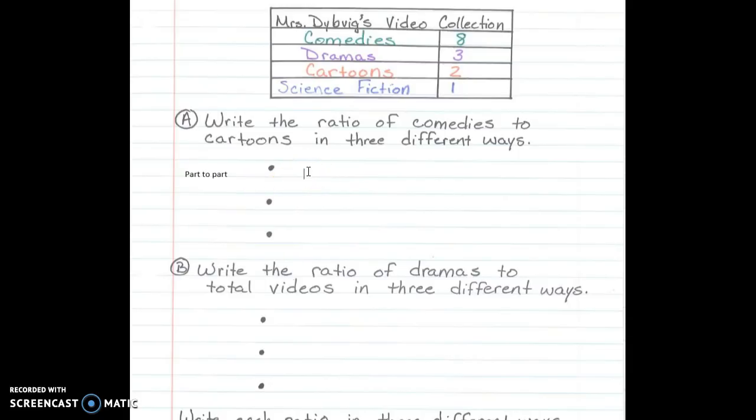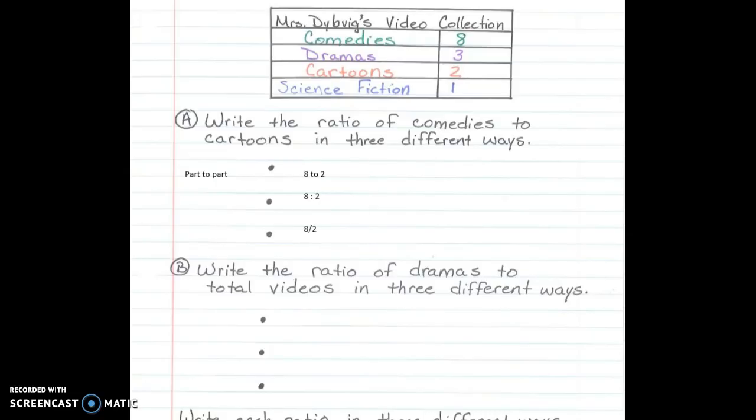Alright, so what are the 3 different ways that I can write this? I can write this as 8 comedies to 2 cartoons. I can write this as 8 comedies, colon, 2 cartoons. Or I can write it in fraction form as 8 comedies over 2 cartoons.